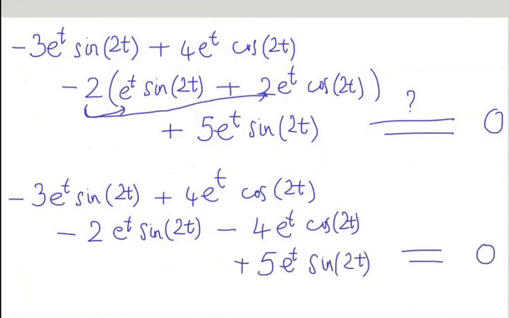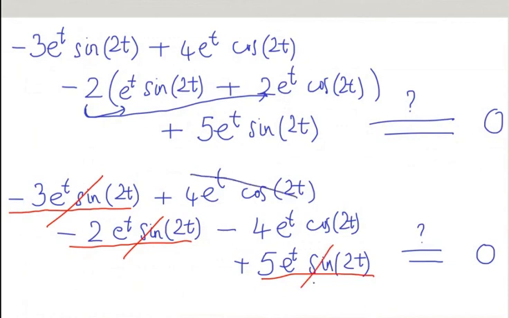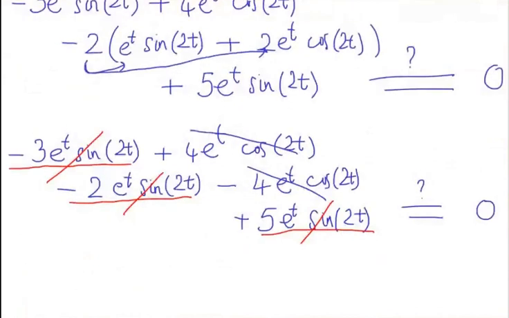Is that equal to 0? If we look at like terms, we see that the e to the t sine 2t terms cancel out, and the 4 e to the t cosine 2t also cancels out with this. And what we get is 0 equal to 0, which is a true identity.